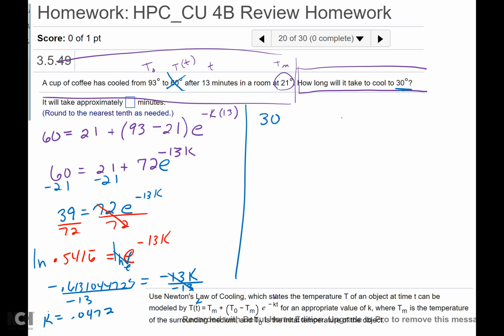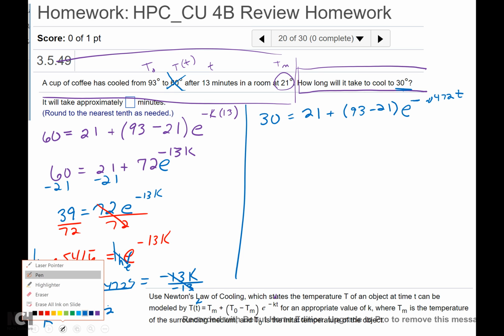My final temperature is 30, my medium temperature was 21, my initial temperature was 93 minus room temperature 21, to the e to the negative 0.0472t. And this time I'm trying to solve for t, because I'm trying to figure out how long it is going to take for the coffee to cool to 30 degrees.